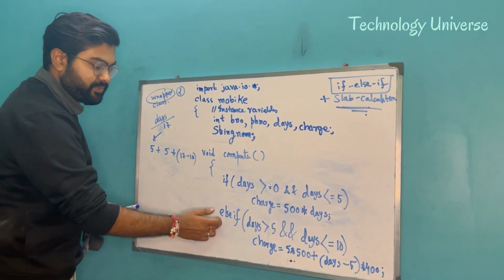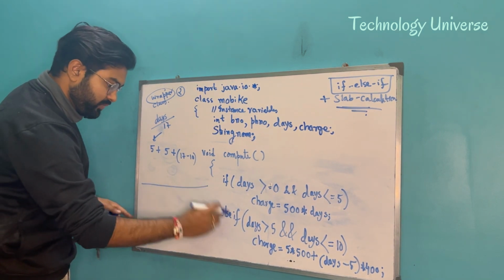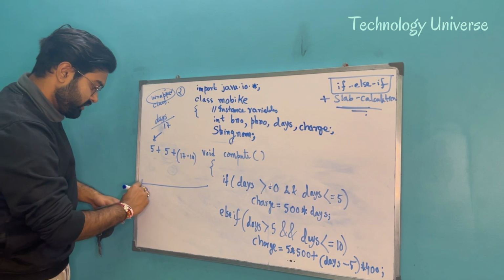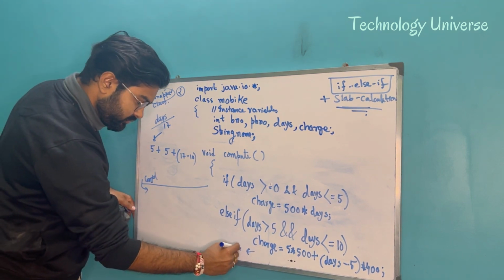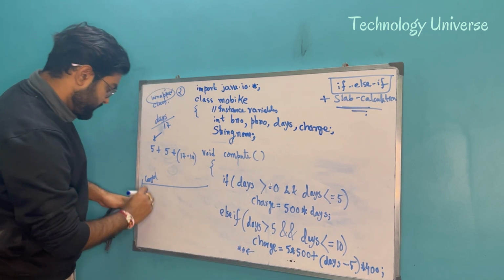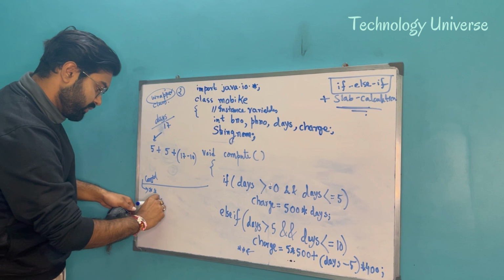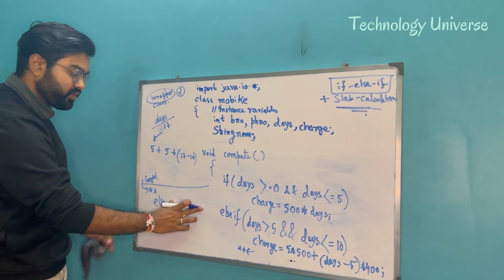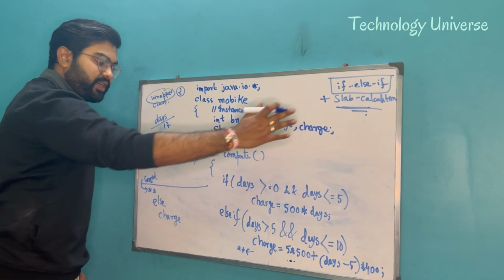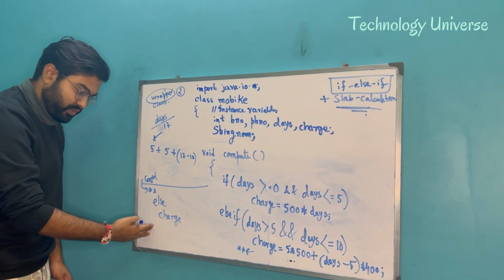So if and else if are done, now the else part I would do here. The else part will come after this. I am writing here. So the next statement would be the else charge. Else means we don't have to mention any condition here. If does not execute, else if does not execute, so else will execute.